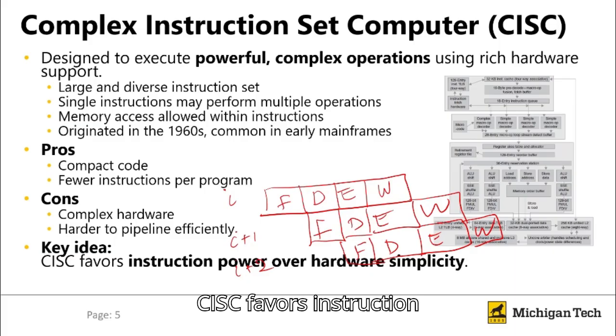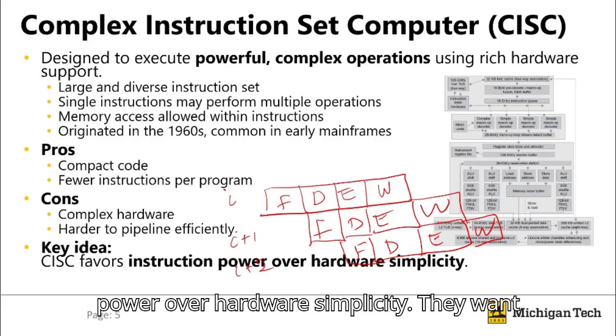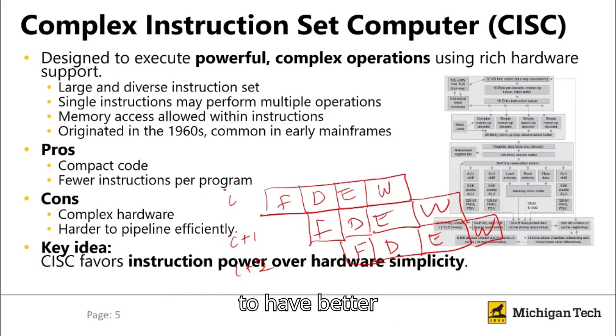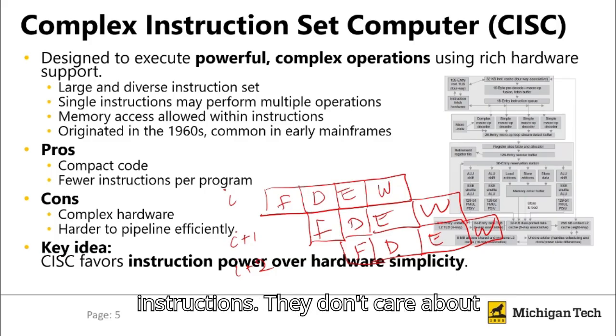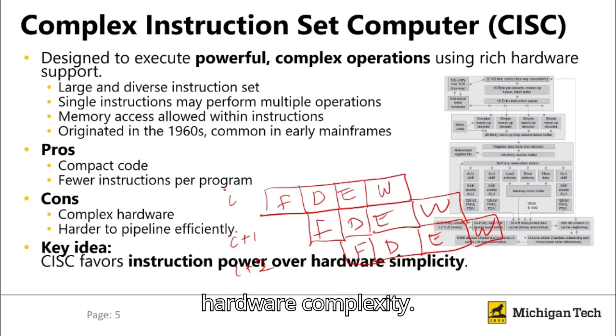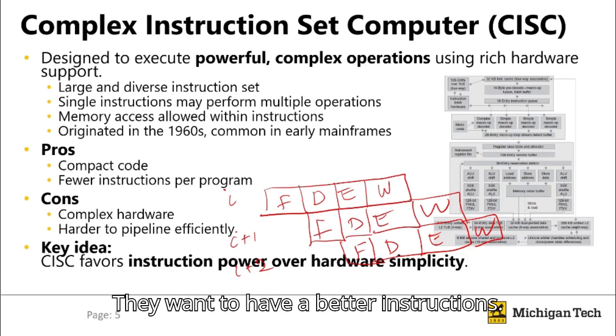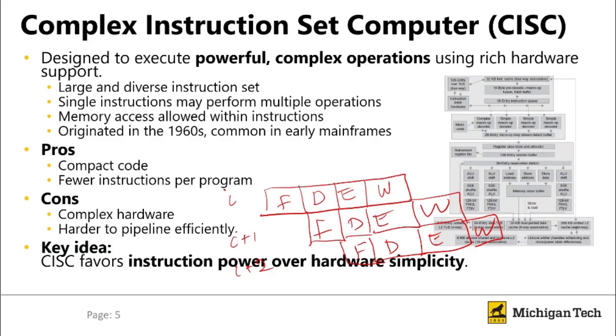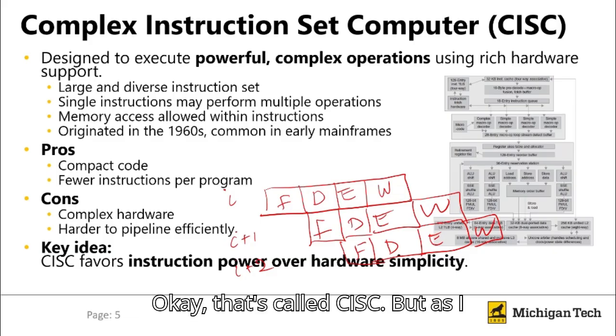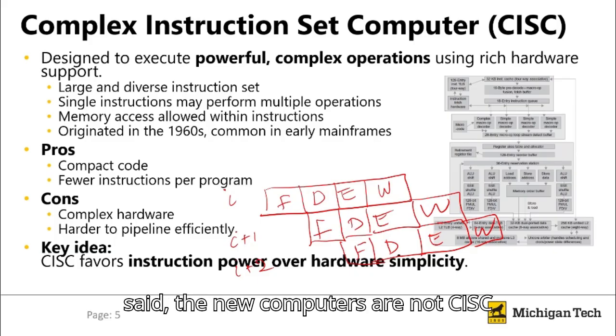CISC favors instruction power over hardware simplicity. They want to have better instructions. They don't care about hardware complexity. Okay, that's called CISC. But as I said, the new computers are not CISC anymore.